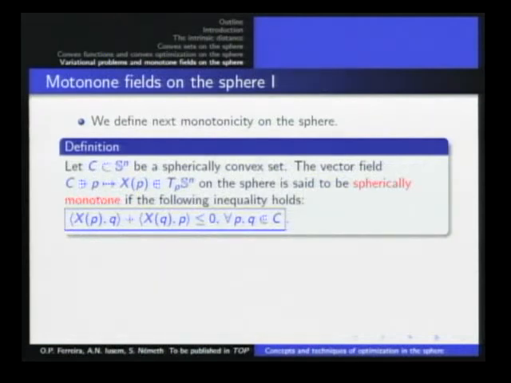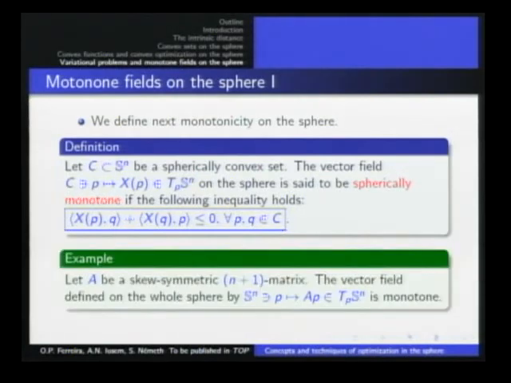And now monotonicity, which is the final part. I say that a field is spherically monotone if you have the scalar product of X(p) with q plus the scalar product of X(q) with p less than or equal to 0 for all p, q. This is a little bit different, but it turns out to be exactly what is needed.